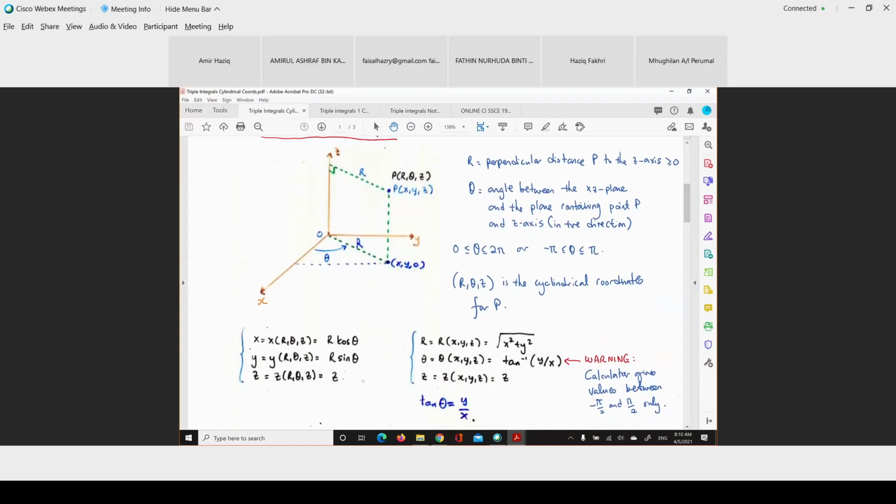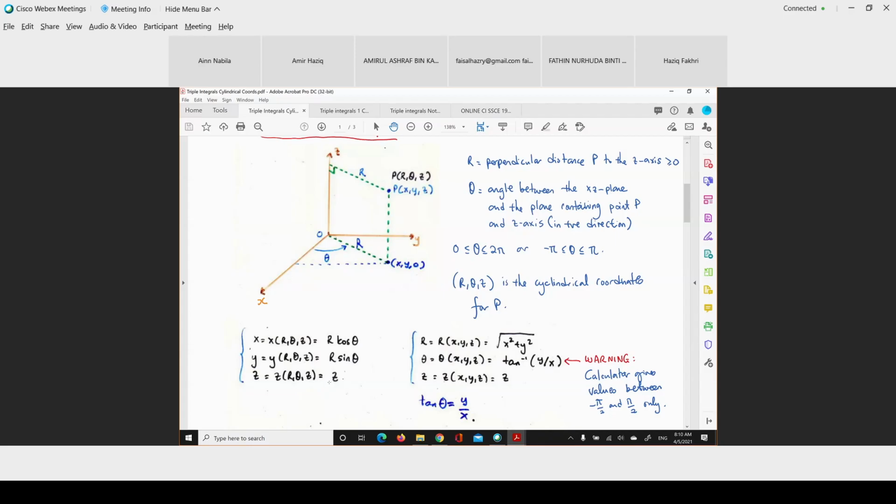Of course we have relationships between the Cartesian coordinates and the cylindrical coordinates. The relationships are shown below. The relationship on the left, using triangle trigonometry, is x equals r cos theta, y equals r sine theta, and z is equal to z also.